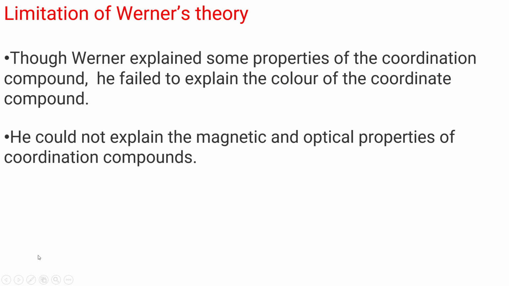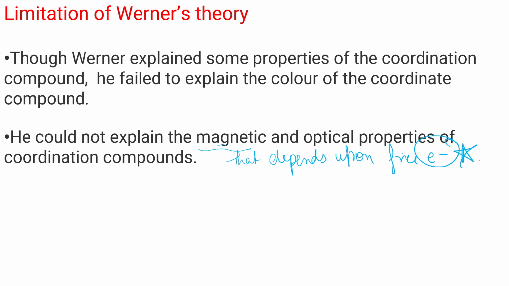Second limitation was he could not explain the magnetic and optical properties of the coordination compound. Magnetic properties are those that depend upon free electrons. He could not explain those properties, but later on, valence bond theory came, which somehow explained the magnetic properties. We'll discuss that later.